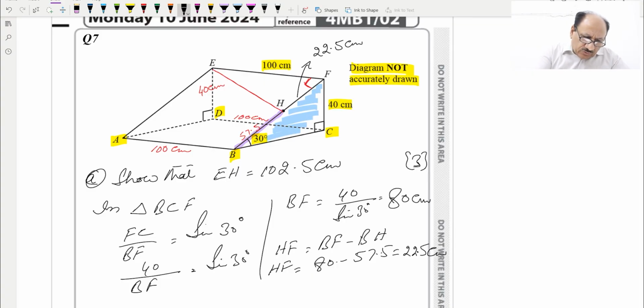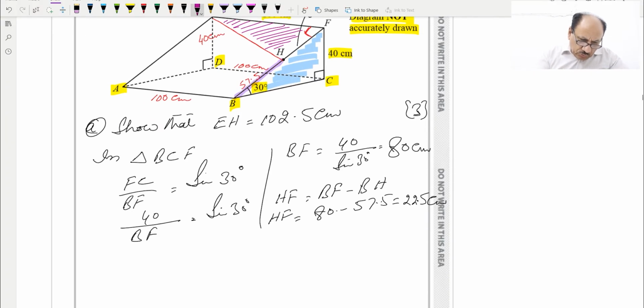Now we can consider the other triangle to find EH. We are considering this triangle, which is EFH. So in triangle EFH, we will apply Pythagoras theorem.